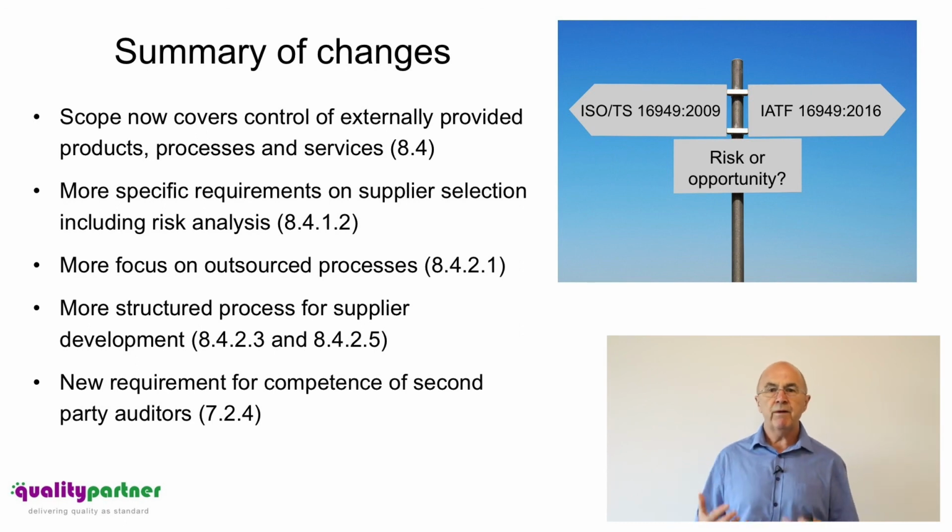I think there's far more focus in selecting and monitoring outsourced processes. This seems to be a key feature within the automotive industry, that outsourcing is a thing of the current and the future. Within IATF 16949, the question has been asked, do we effectively manage those outsourced processes?